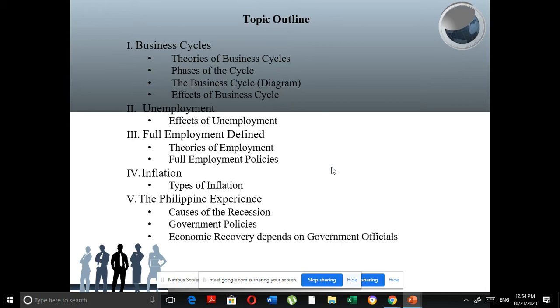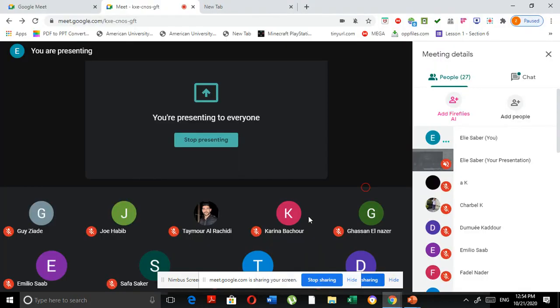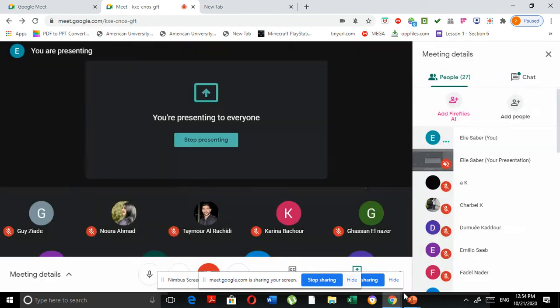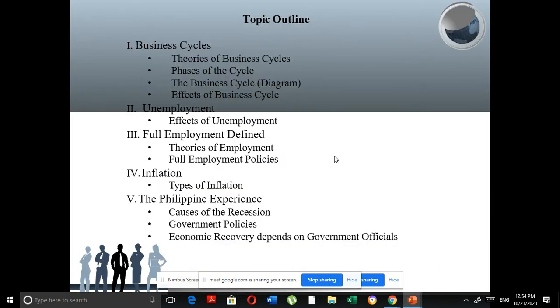Then the business cycle diagram and the effects of the business cycle. And we will talk about unemployment and effects of unemployment. Then we will talk about full employment, theories of employment, and full employment policies.